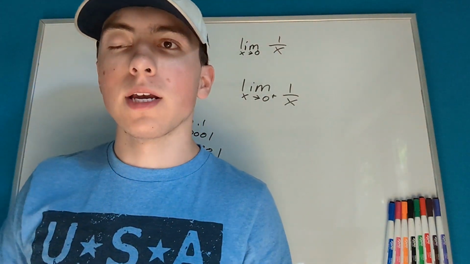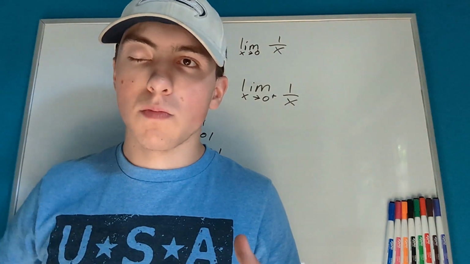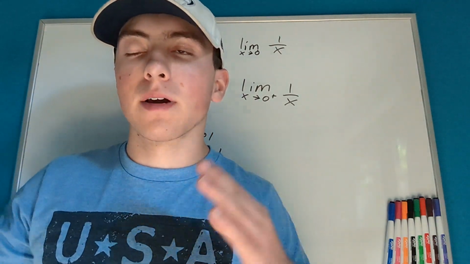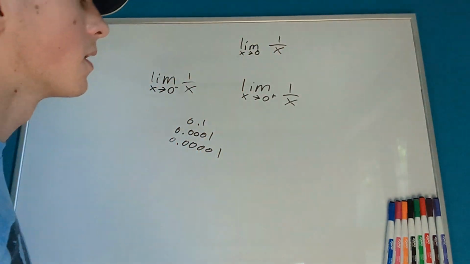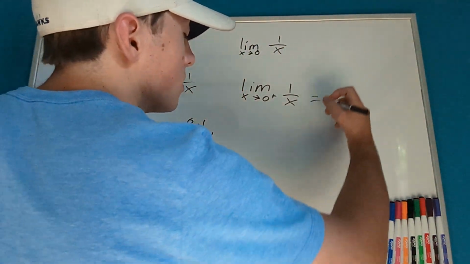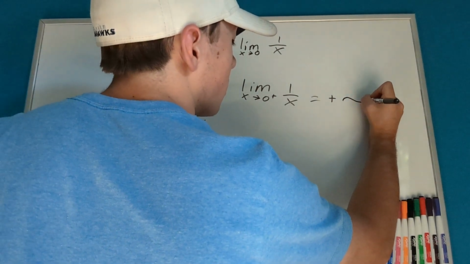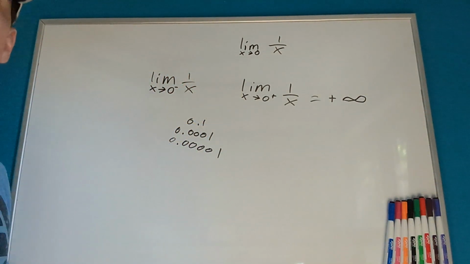Because if you take 1 and divide it by a smaller and smaller number, the result is going to get larger and larger. So we can say that this approaches positive infinity.